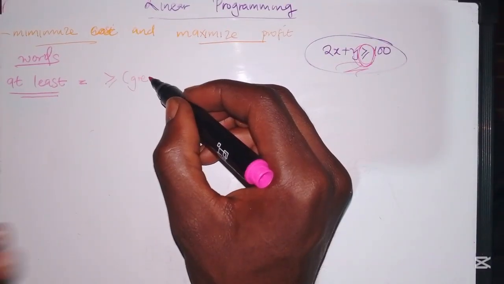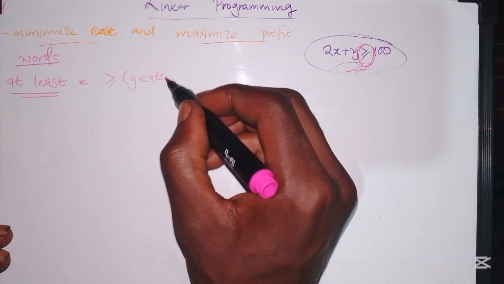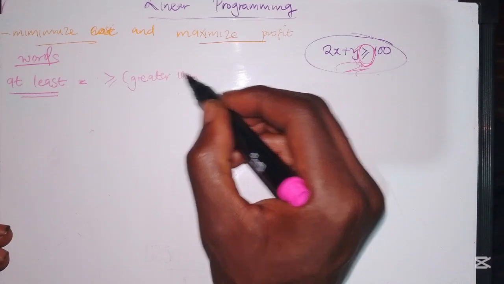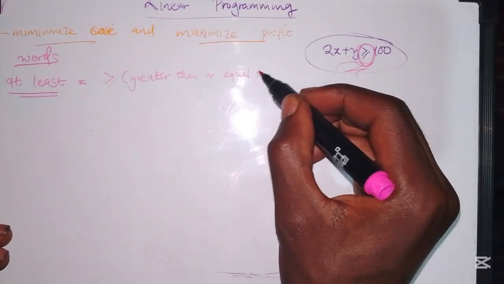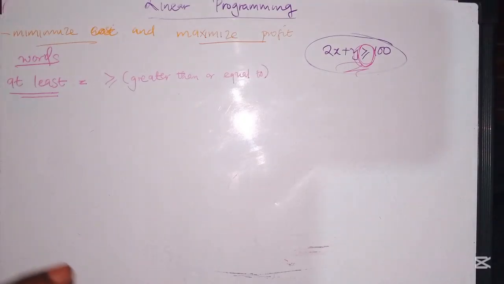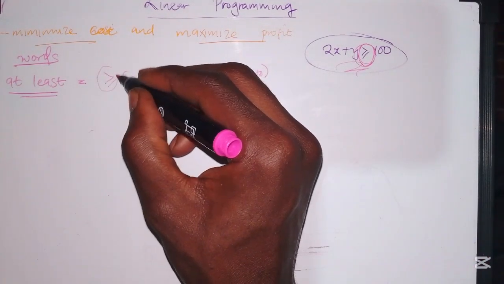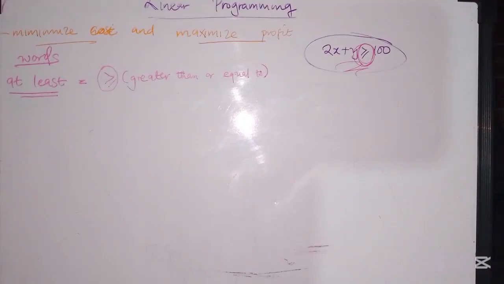So whenever you hear at least, remember it's greater than or equal to. Yeah. So whenever we hear the word at least in the question, remember the sign which you should put is this one. The greater than sign or equal to.